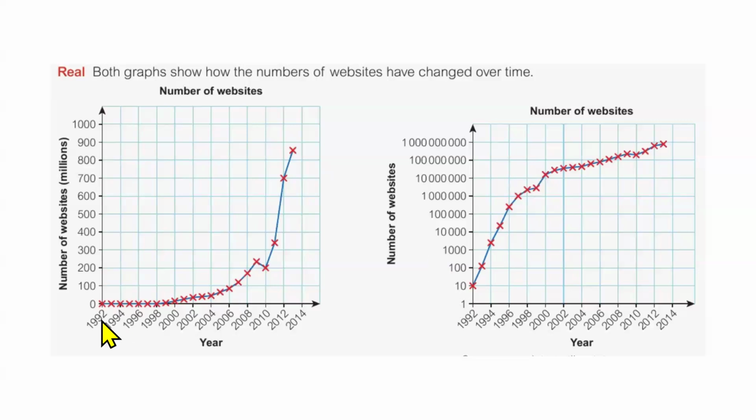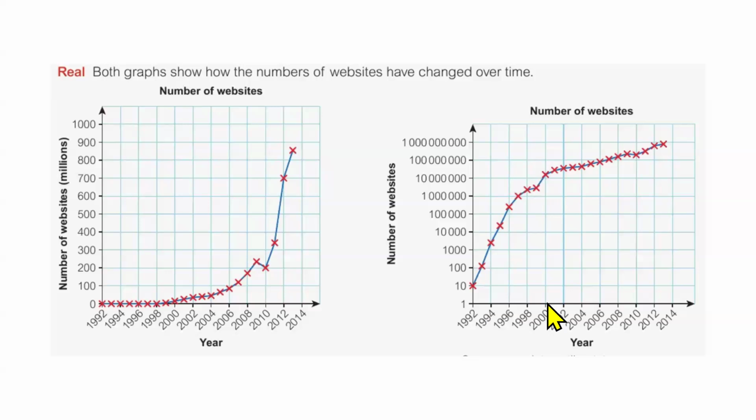We see also that 1992 is not so clear on the left side, because it's in millions, so the divisions are so close. From 1992 until 2000, it's not very clear what's happening there. But if I go to the right side, from 1992 to 2000, it's obviously clear.